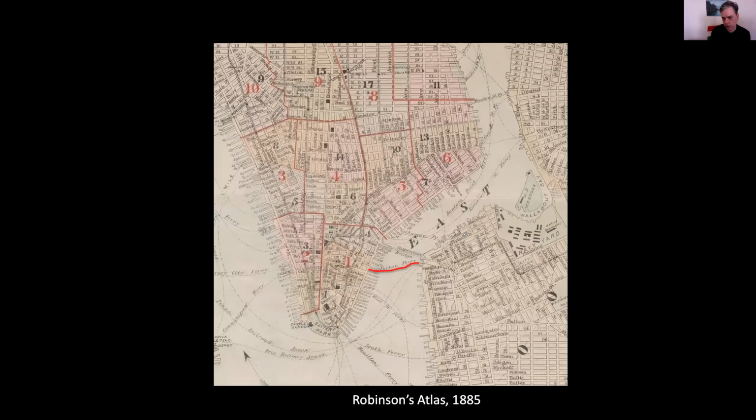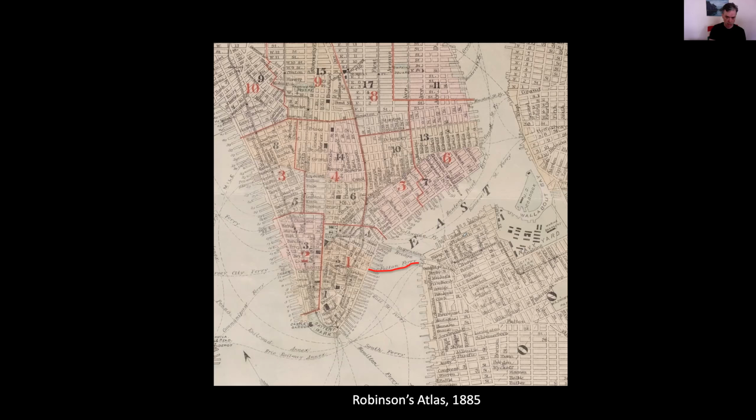And also, this is an atlas from 1885, so 2 years after the Brooklyn Bridge opens. I wanted to show this to you also because I want to make sure you understand that the bridge did not negate the ferry. And in fact, you can see all of these ferries. If anything, one of the things that helped Brooklyn's development, and the development of Queens as well, and New Jersey, was that there were so many ferries going.